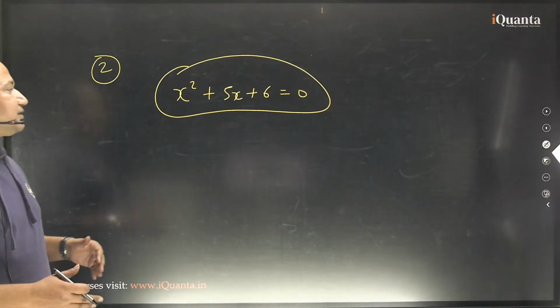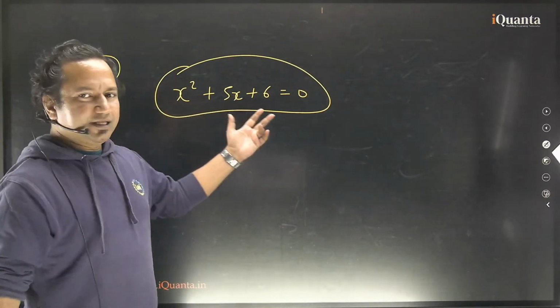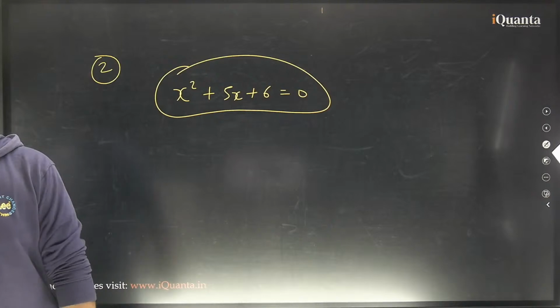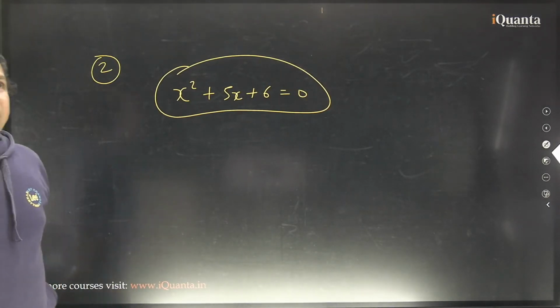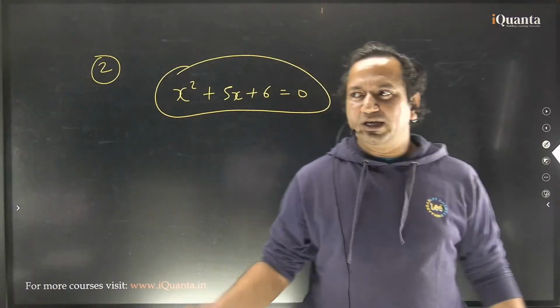So in that case, a lot of people try to find the roots, then add 2 to it, and then find the new equation. Then there can be questions in which they ask the roots are one less.